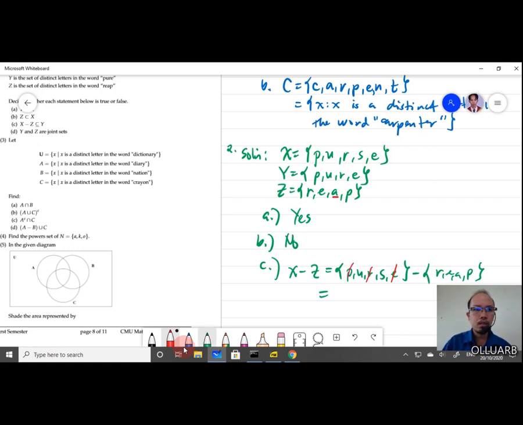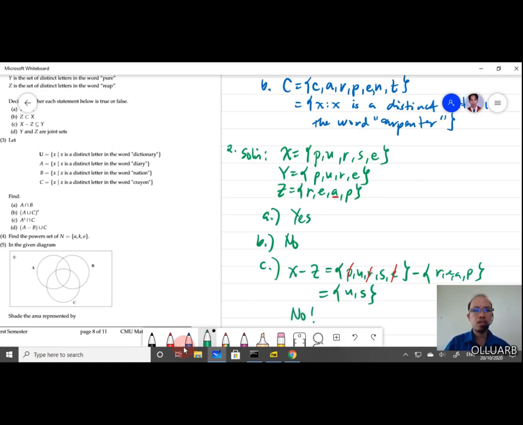So we have here U and S. So is this set a subset of Y? U is, but S is not an element of Y. So therefore the answer is no.